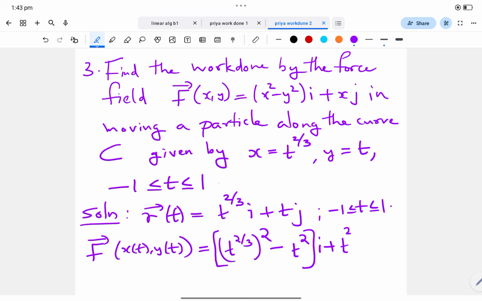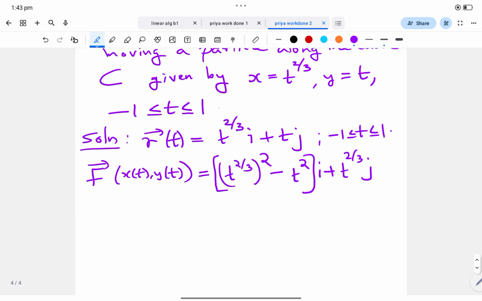X is t^(2/3) for j. So t^(2/3) whole squared is t^(4/3). So F = (t^(4/3) − t²) i + t^(2/3) j.